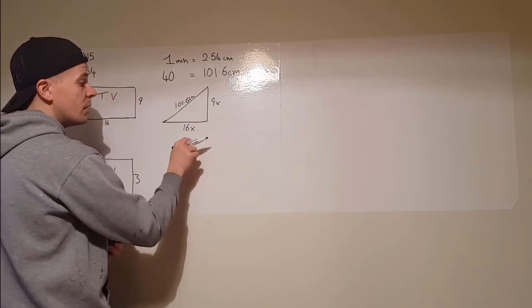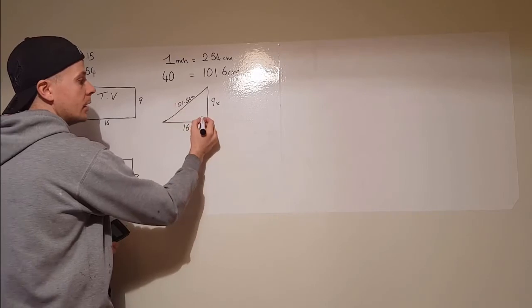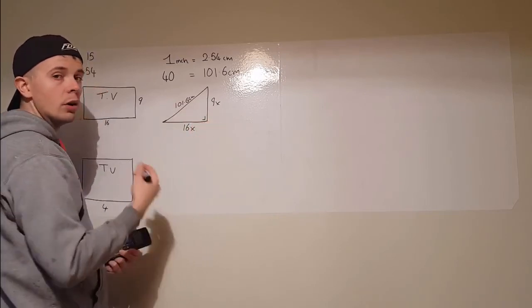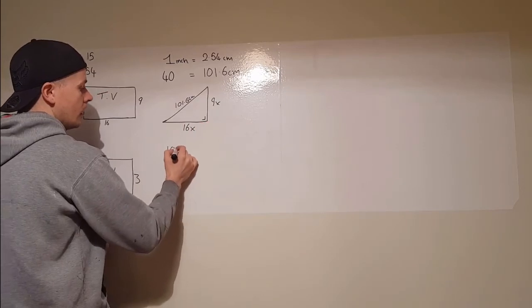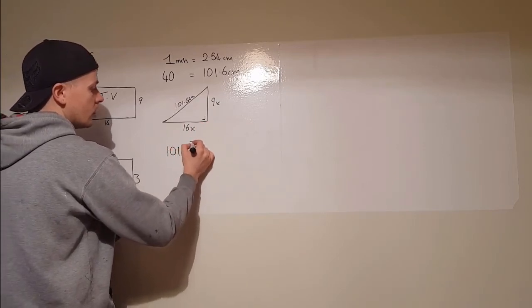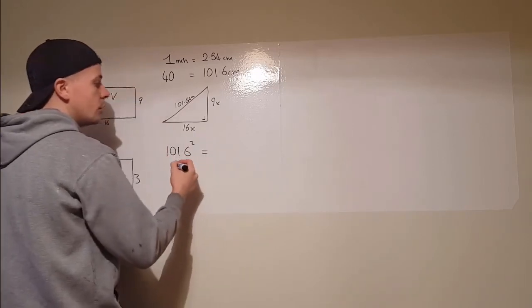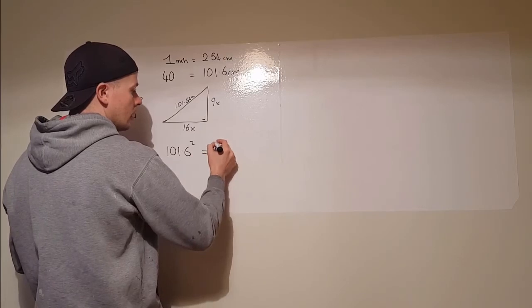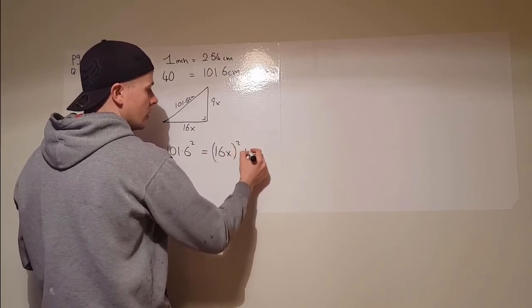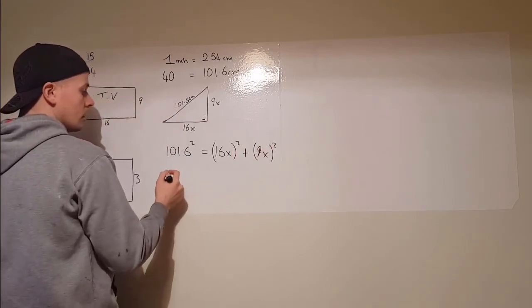Right, I basically want to find out what's the value of x. I have a right angle triangle, so I'm going to work with Pythagoras. 101.6 is my hypotenuse, and I'm going to square that because the length of the hypotenuse squared is equal to the sum of the other two sides squared. So it is 16x squared plus 9x squared.